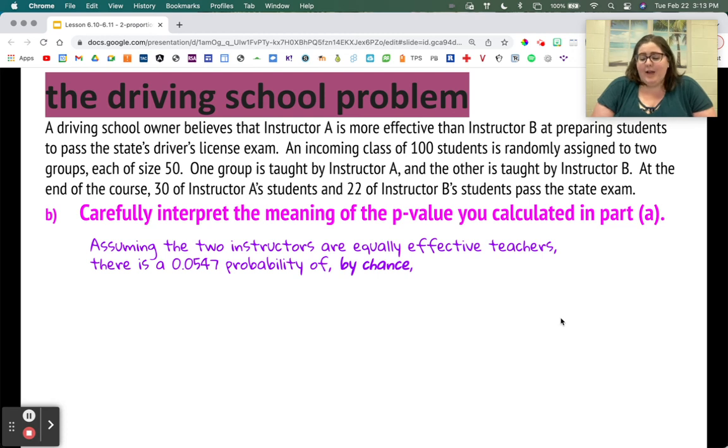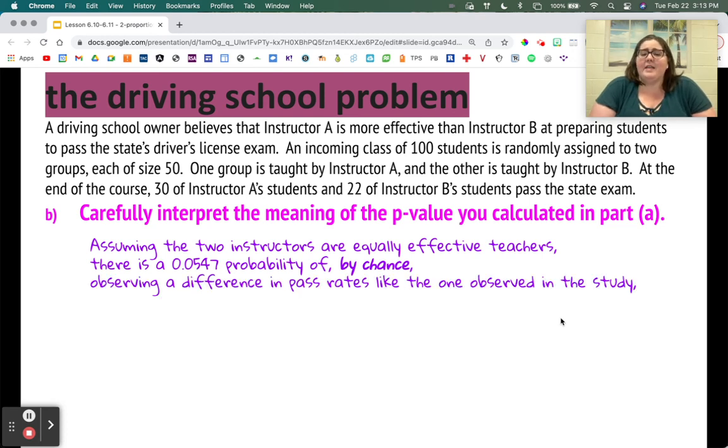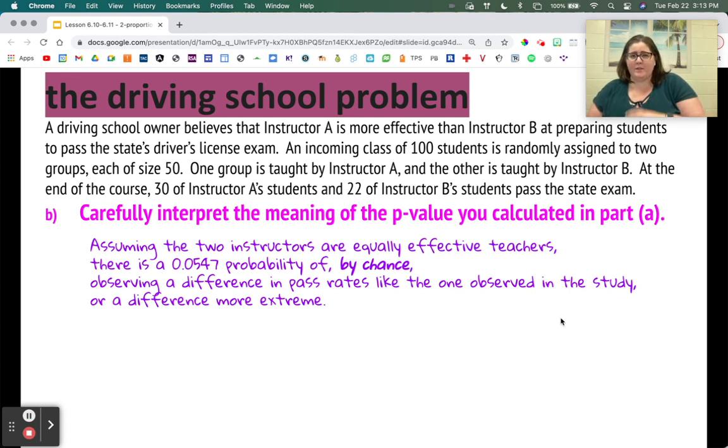randomly or by chance observing a difference in pass rates like the one observed in the study or a difference more extreme. So I'm basically saying the p-value is the probability of getting what we got in the sample or something more extreme. What we got in the sample is the difference in sample proportions that we saw.